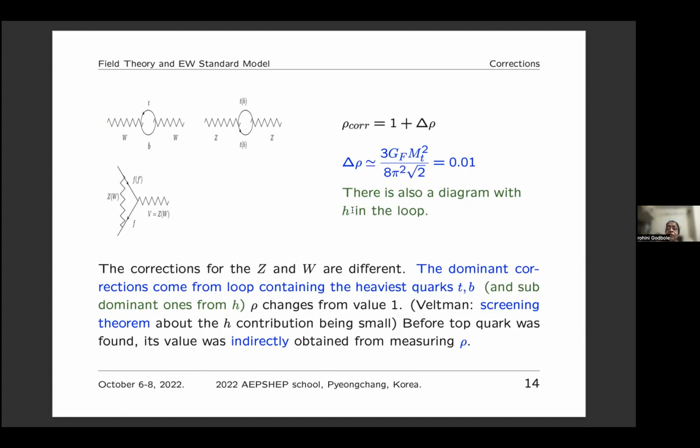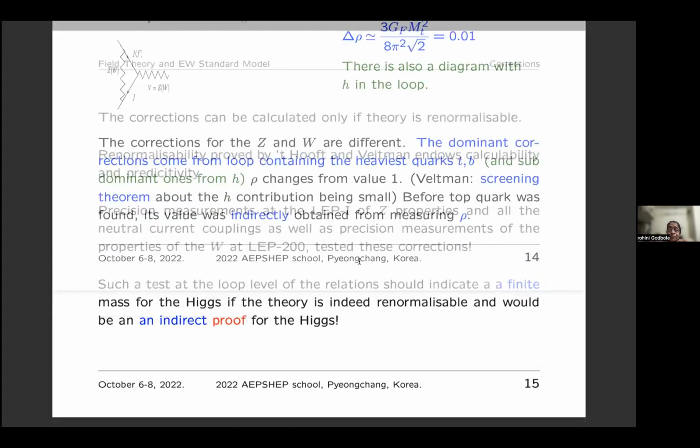That means that even when the circulating fermion has a very large mass, they are not decoupling, and they will keep their presence felt at low energies. These are the so-called oblique parameters. Before the top quark was found, since delta rho depends on mt squared, the measurement of rho indirectly gave an estimate for the top quark mass.